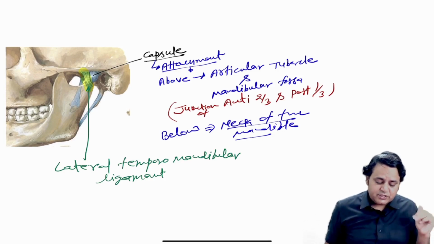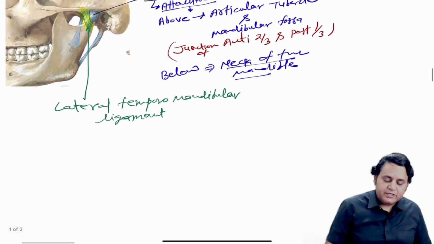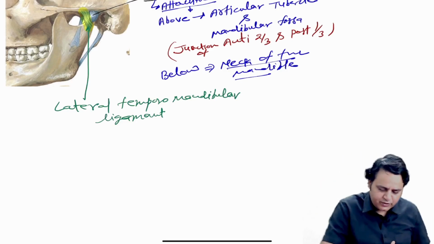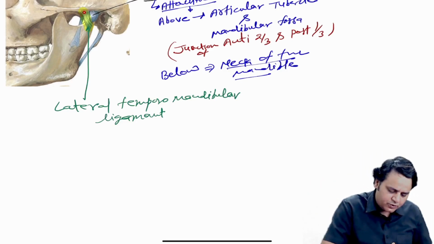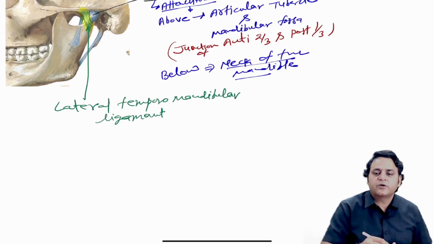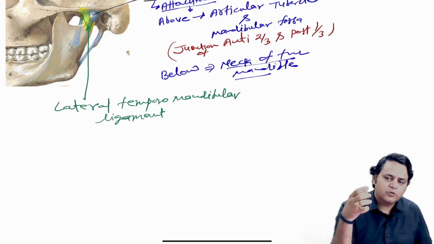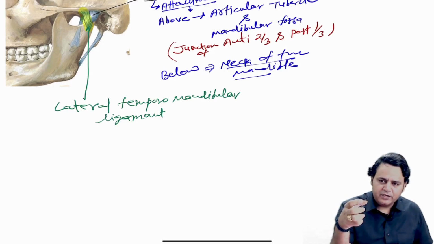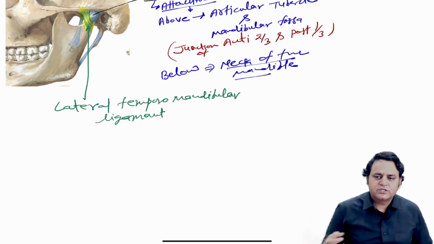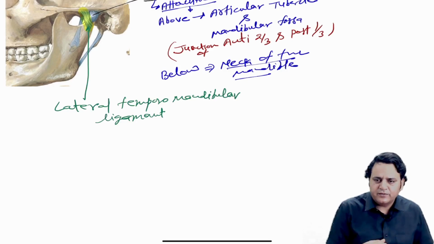You can see its attachment also. This is attached above to the articular tubercle, then it descends down and is attached to the neck of the mandible on the lateral side, and then it also goes to the posterior side of the neck. So it holds the neck of the mandible and prevents hyper retraction of the head of the mandible.